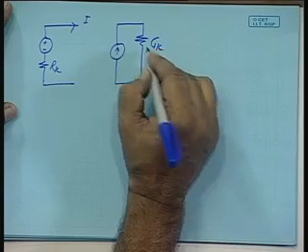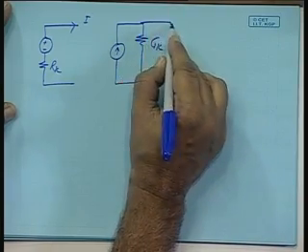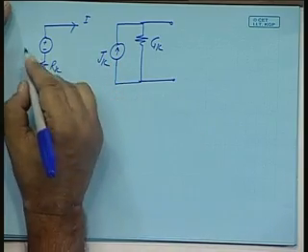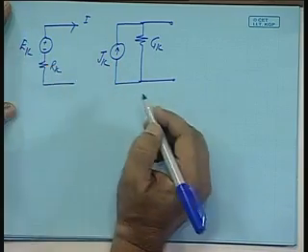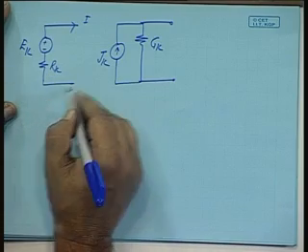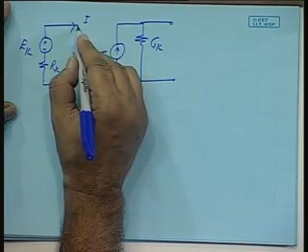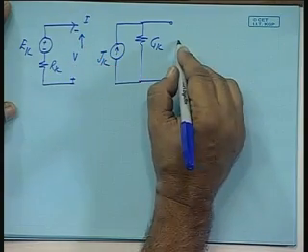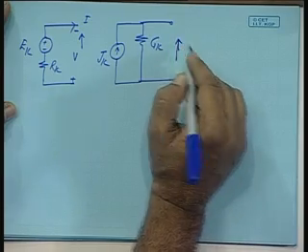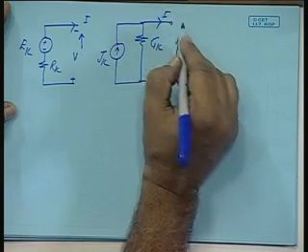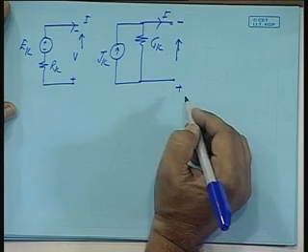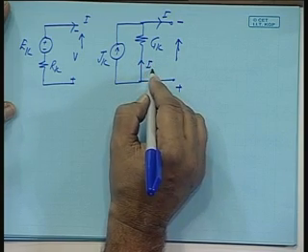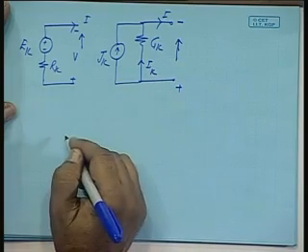We take Gk as the conductance of the current source, where Ek is the voltage source with a series resistance Rk, and suppose this is minus, this is plus, this is the voltage V, same voltage V, and this is Ik, all right.